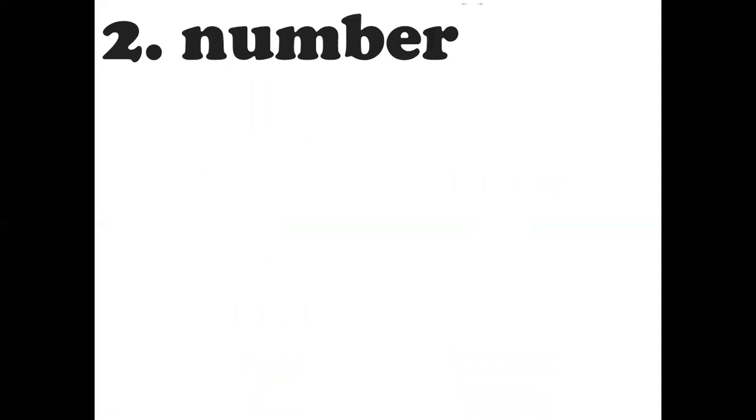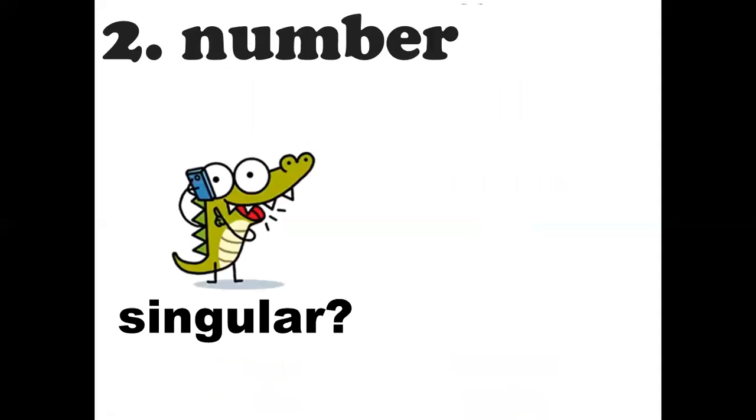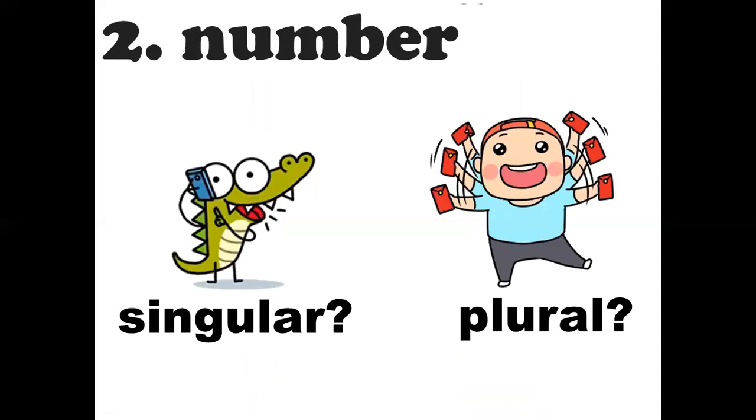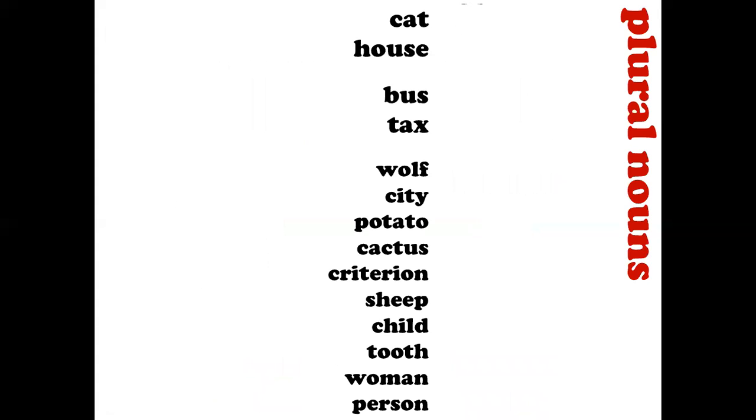So let's talk about number. All right, singular or plural. So when we're thinking about English, you see the regular nature of the language if you're a native English speaker. If you were asked, how do you pluralize a noun, you'd probably give the simple definitions.